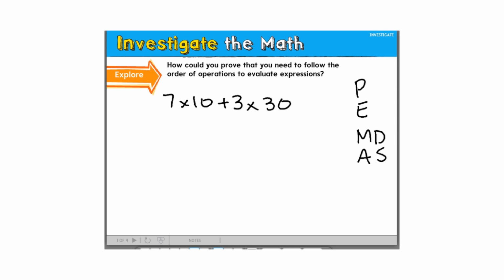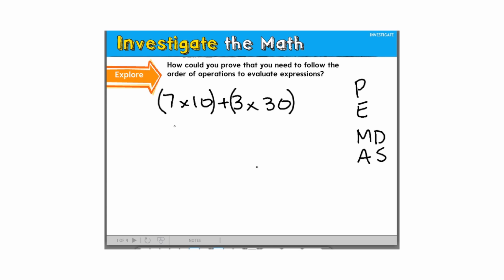So we have to do all the multiplication parts of this problem before we do any of the addition parts of this problem. So Aiden's idea of adding some parentheses in here is actually a really good idea. So we should do that part first, and then that part first. And whatever we get in the first set of parentheses, we will add to whatever we get in the second part of the parentheses. Okay?